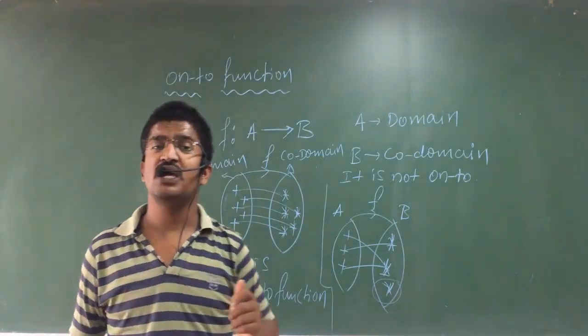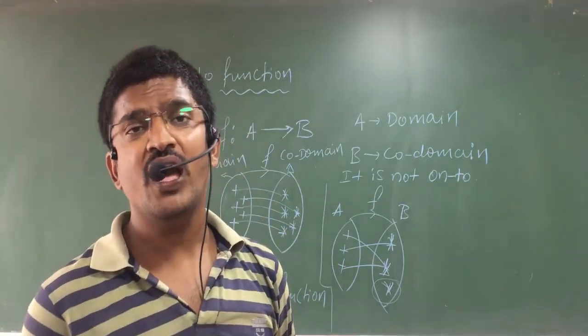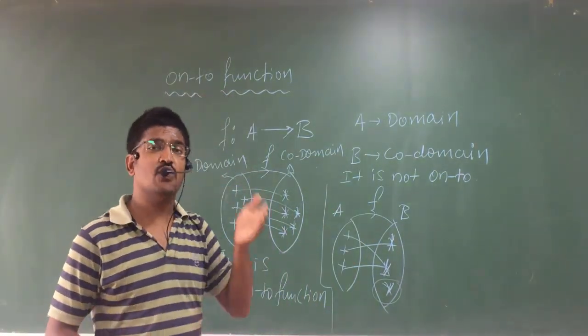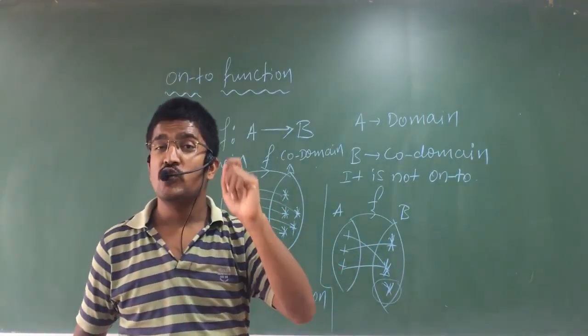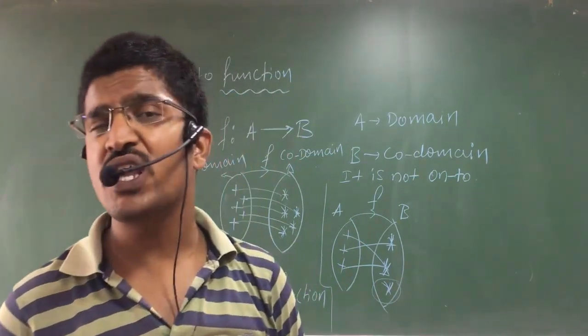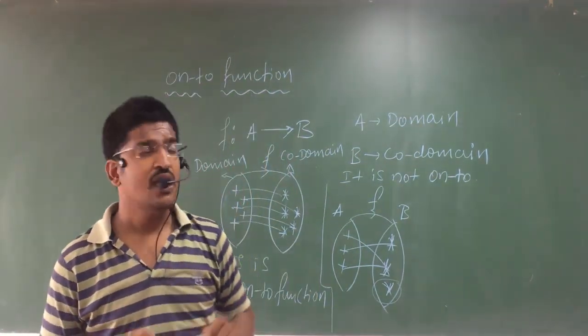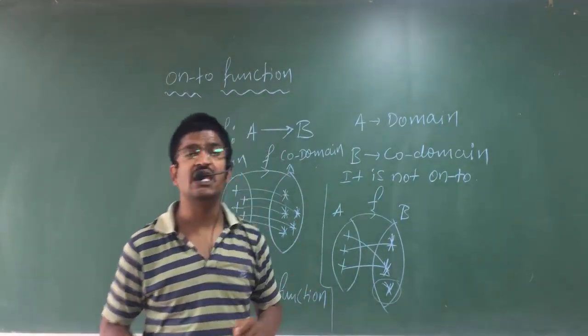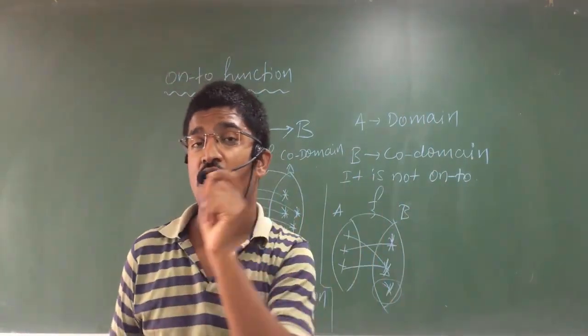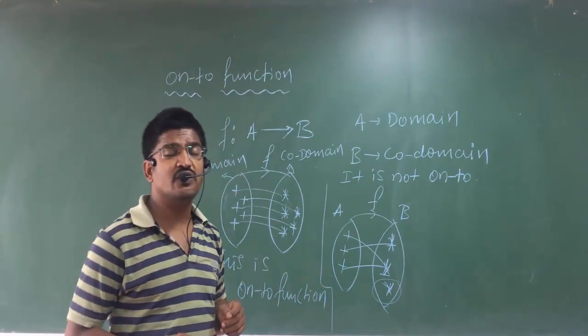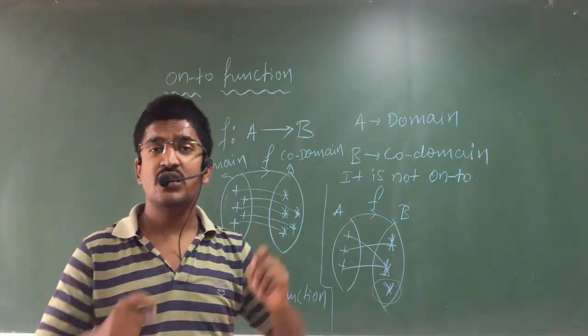Therefore it is going to be an onto function. Clear? That you have to prove in your problem. But for not onto, you must show that there is one element in the codomain which is not having a pre-image. Therefore that function is called not onto.